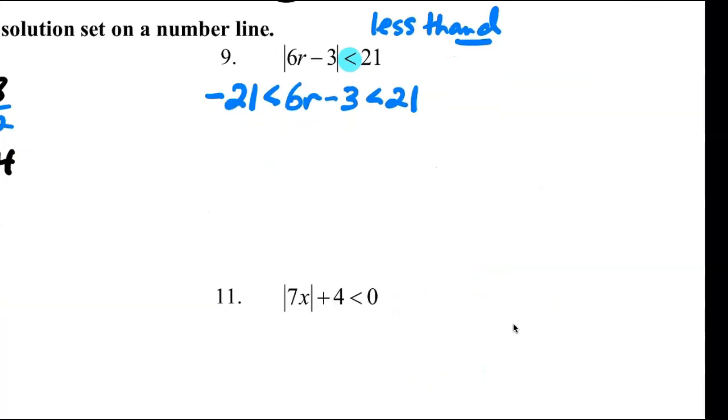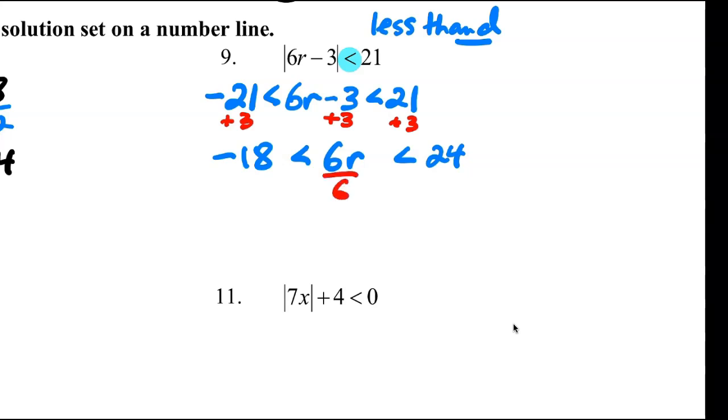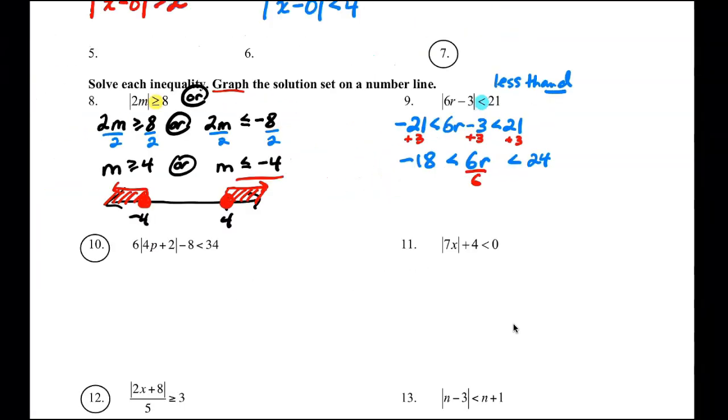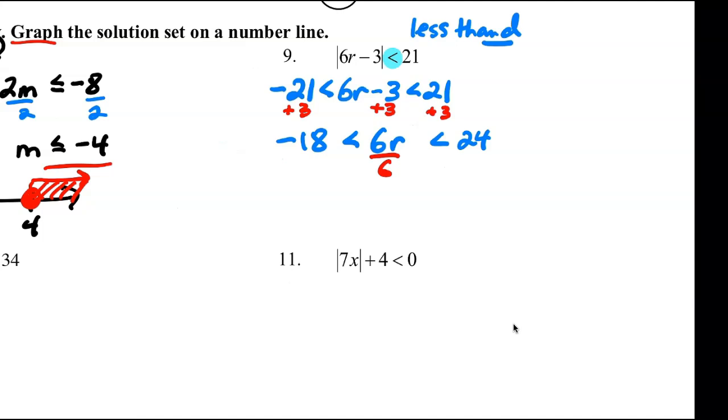Then you can solve the inequality. You could rewrite two equations, or to get rid of the minus 3 in the middle, you could add 3 to the middle, to the right and to the left. That would give us negative 18 is less than 6r is less than 24. And then you could divide by 6 to solve for r. Divide the left by 6, and divide the right by 6.